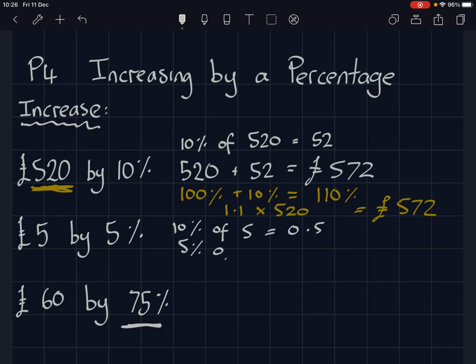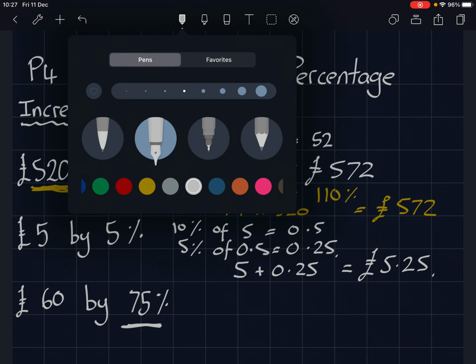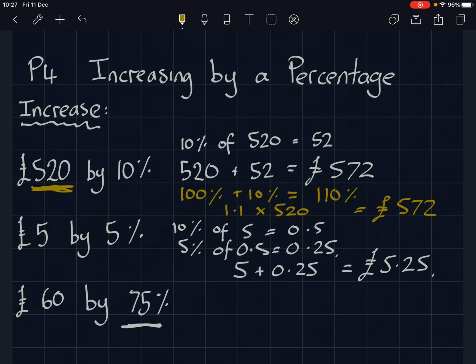So half of 50p is 25p. So now we know that the price increases by 25p, we can add them together. So the original £5 plus the 25p will be £5.25.